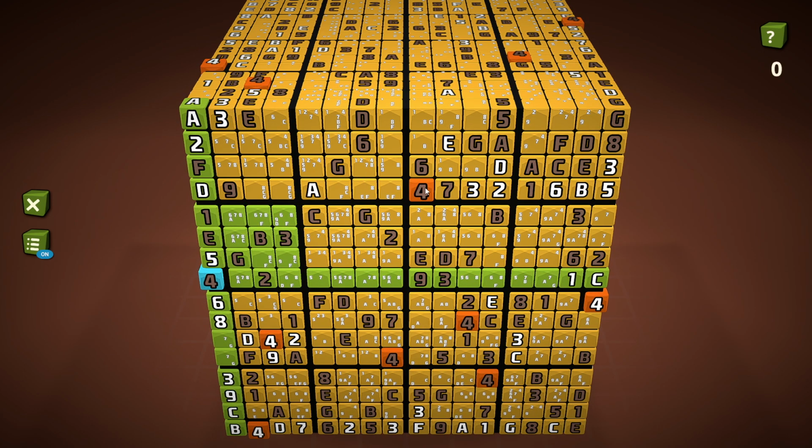Just working on this. Can't be the top. Top can't be the bottom. Can't be those or those, so it's one of those.